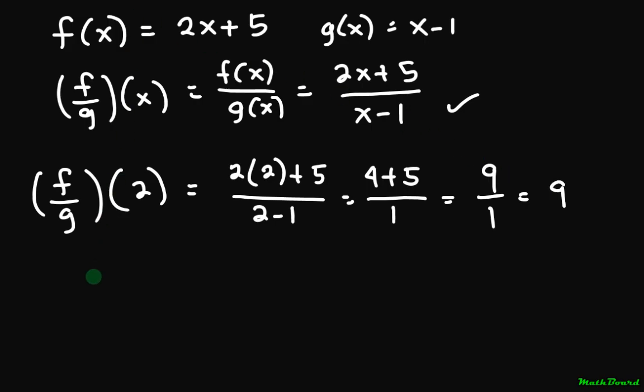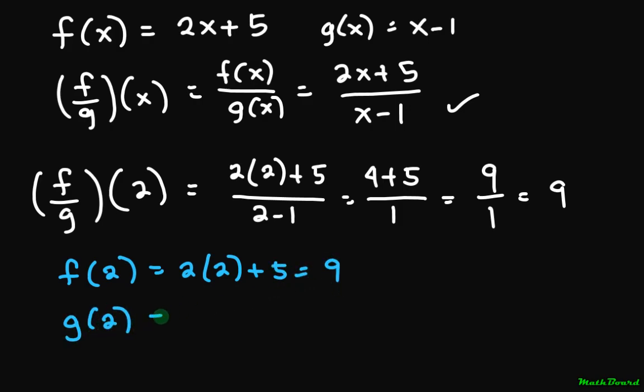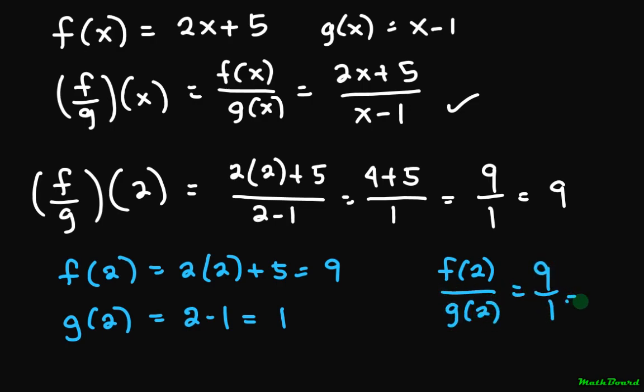Then we can solve this also by getting first the value of f of 2, which is 2 times 2 plus 5 is 9. Then g of 2 is 2 minus 1, which is 1. Therefore, f of 2 divided by g of 2 is just equal to 9 over 1. So, still 9 lang.